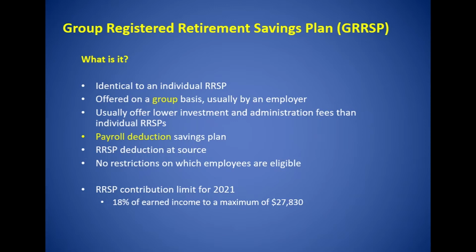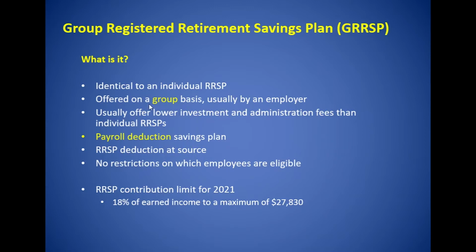But the key point here is that a group RRSP is not something totally different. It's simply an individual RRSP that's offered on a group basis. It's offered as a convenience to employees, and so it's usually offered by the employer. They would say to the employee, you can contribute to an RRSP for yourself in our group RRSP program.